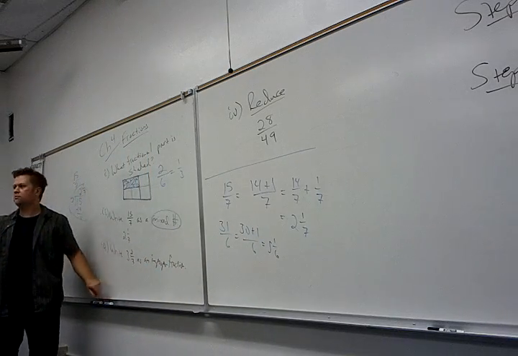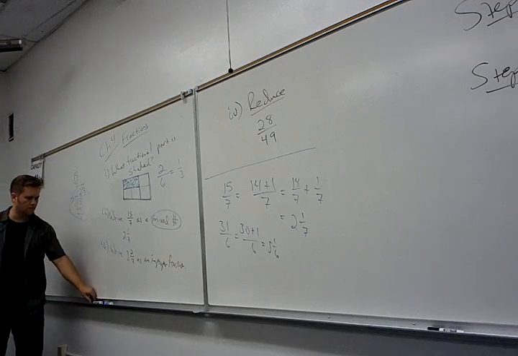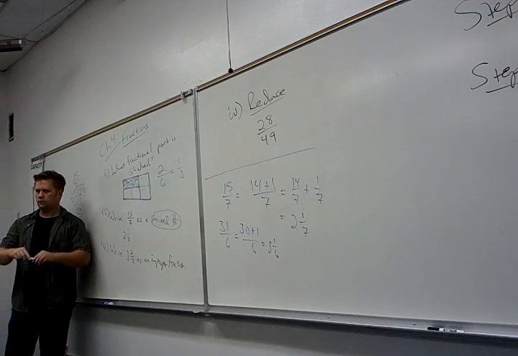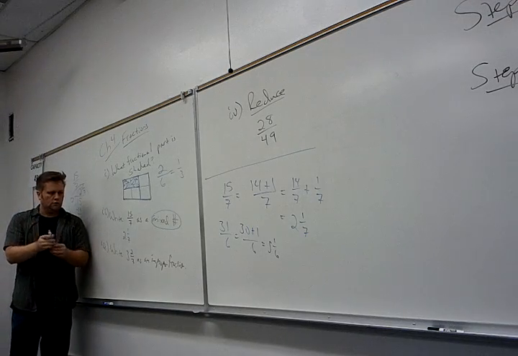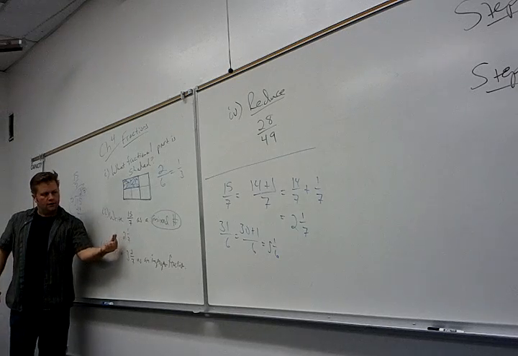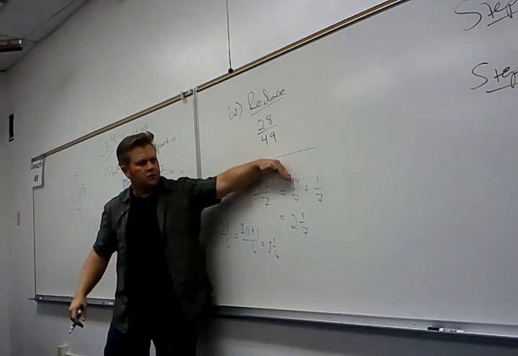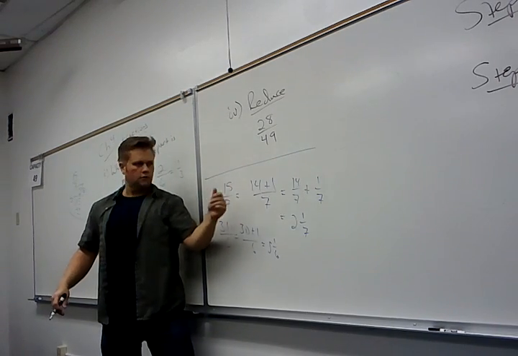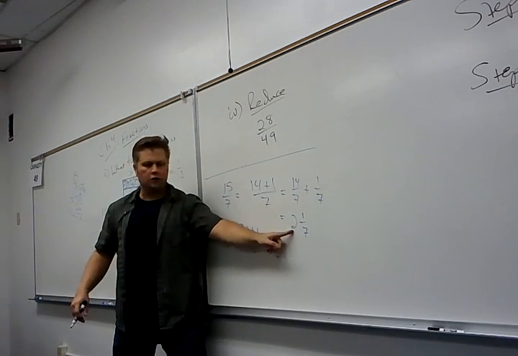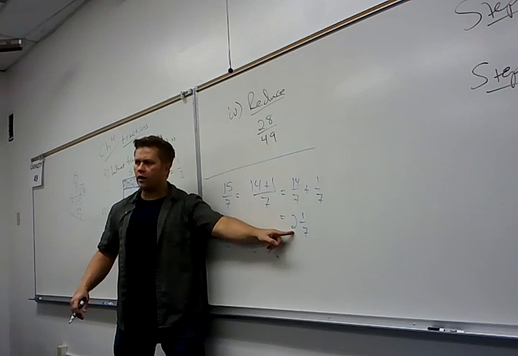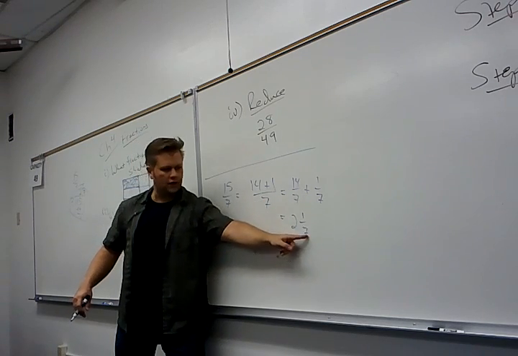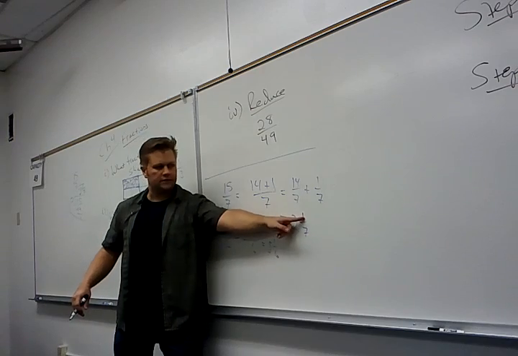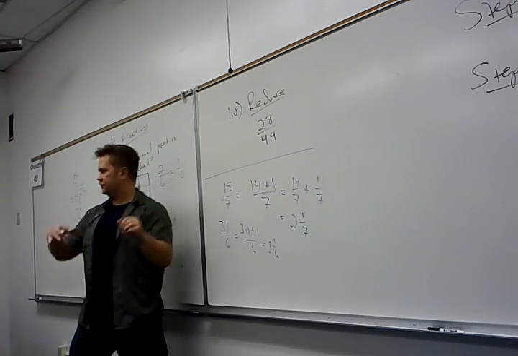All right, how do I change it back? You multiply. Good. 3 times 7 plus 2. And think about this. The 2 is because of the 14 piece, plus 1 was the 15, right? Because of the 14, that's why I have 2 here, because 7 goes into 14 twice. So 7 times 2 is 14, plus the extra 1 gets me back to 15.